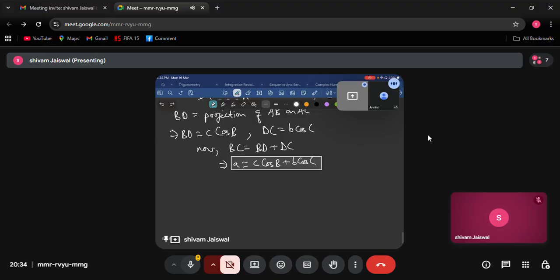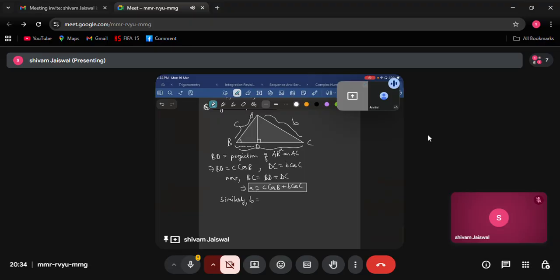So similarly, what is side length B? Can anyone tell me? Raise your hand. Just like A is equal to C cos B plus B cos C, what is the side B? Raise your hand.